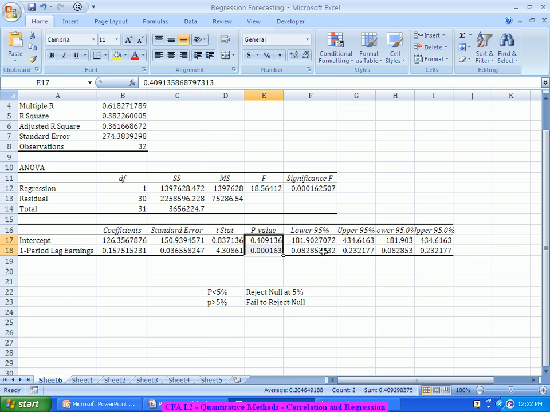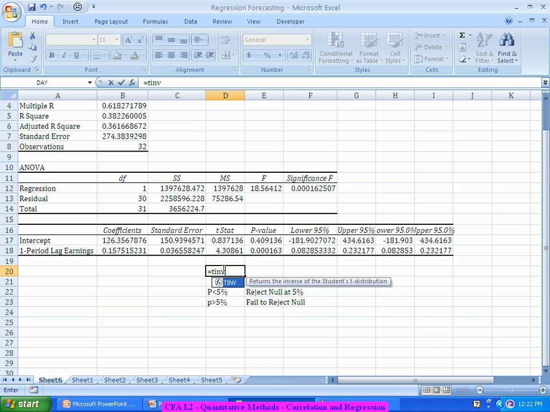The other part of it is the interval, the 95% confidence interval, which is nothing but the actual value plus or minus the t value times the standard error. Let's say I am going with a 95% confidence level, which is a 5% significance level.